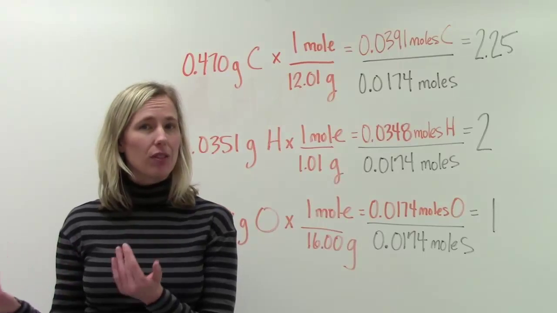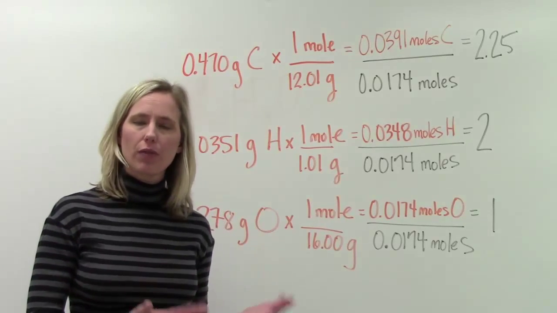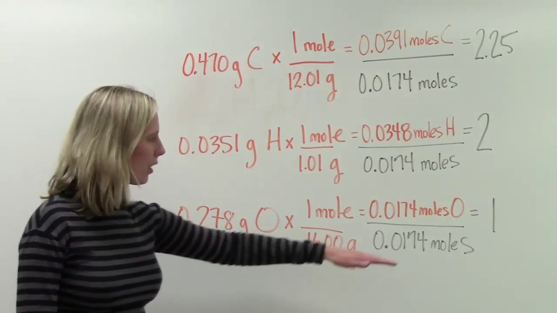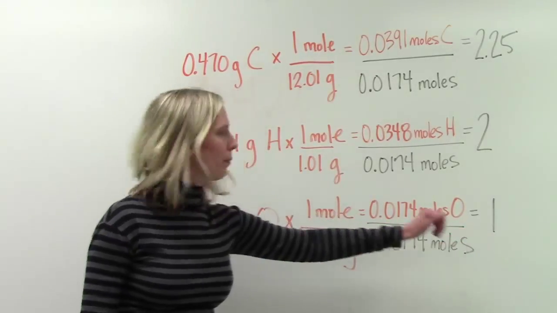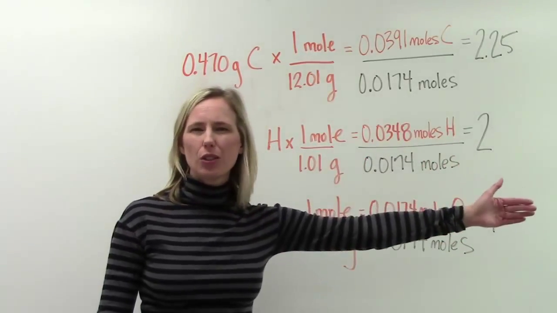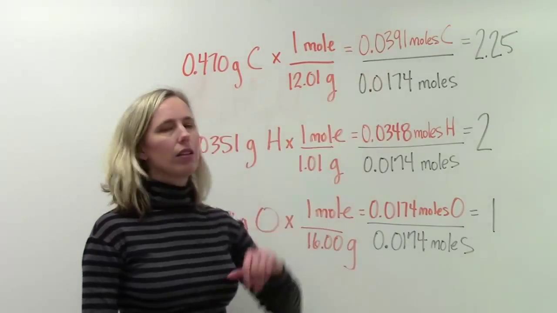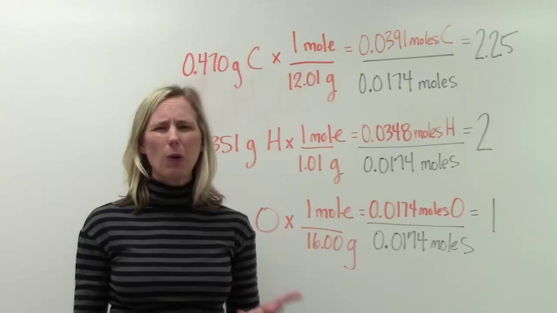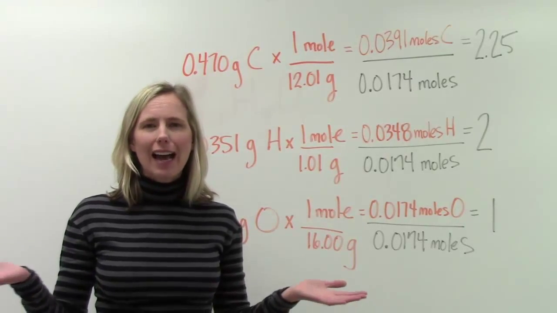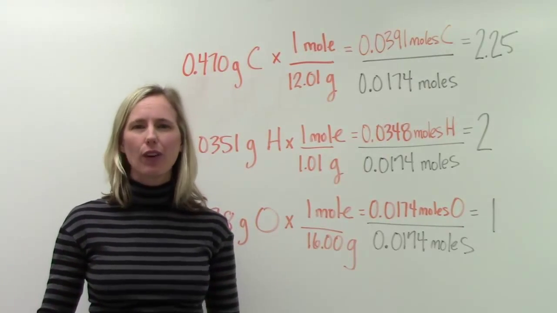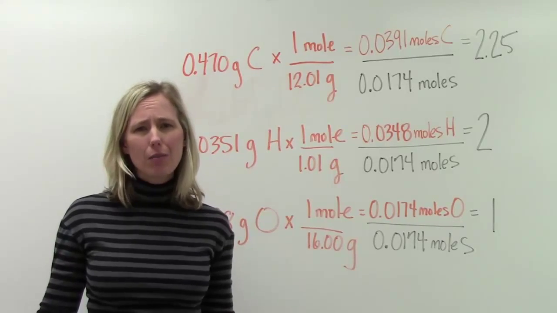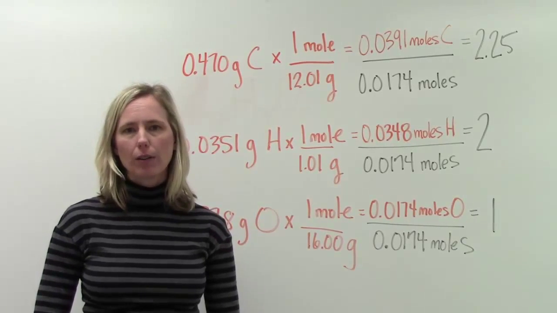How many atoms of this to how many atoms of that are in the formula? The oxygen would be 1. The hydrogen would be 2. But uh-oh, there's a problem. When I look at my carbon, I get 2.25. How can you have 2.25 atoms of an element? That's not going to work.